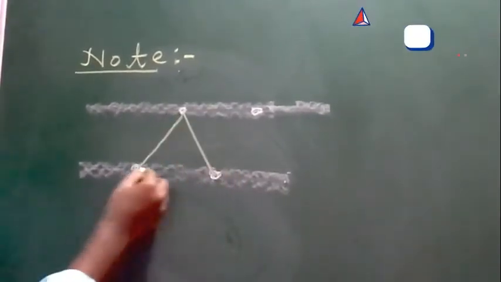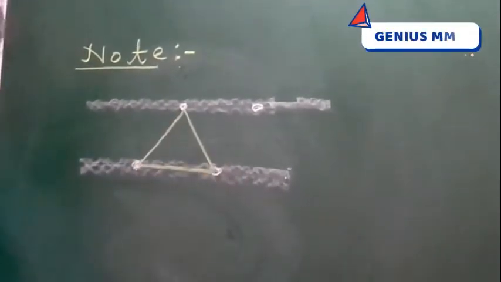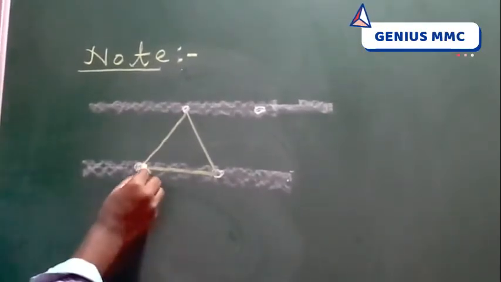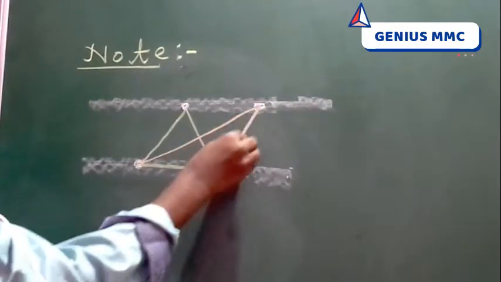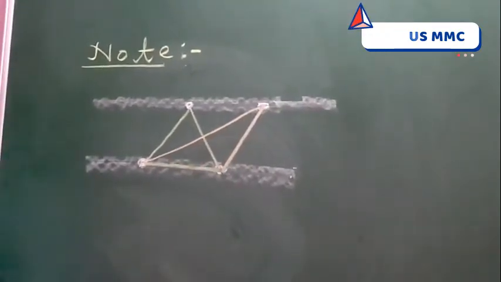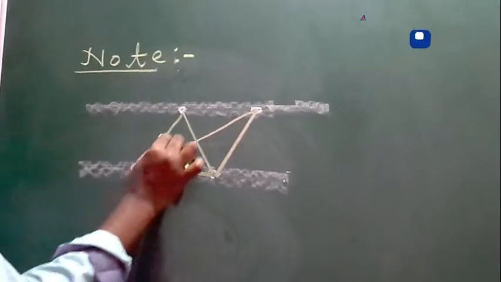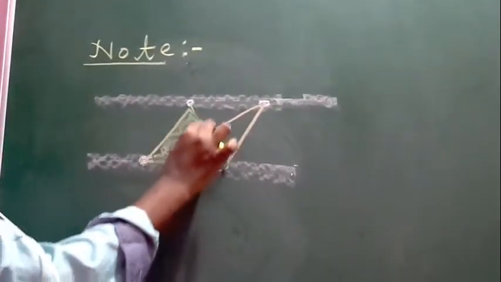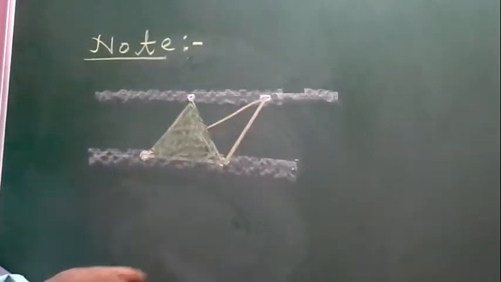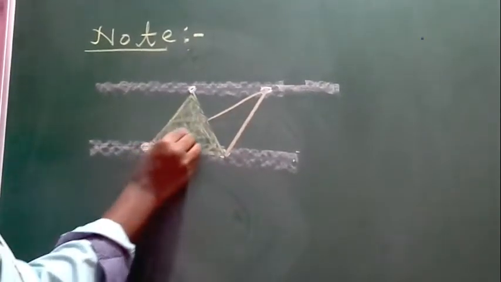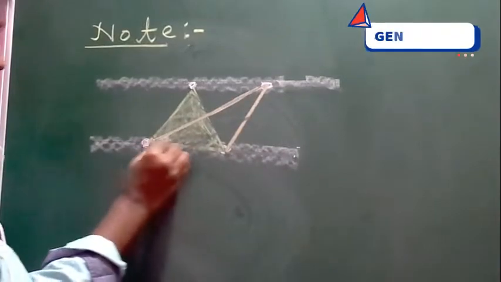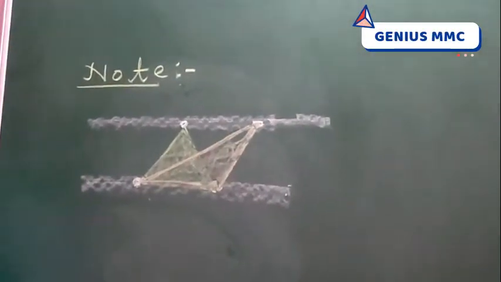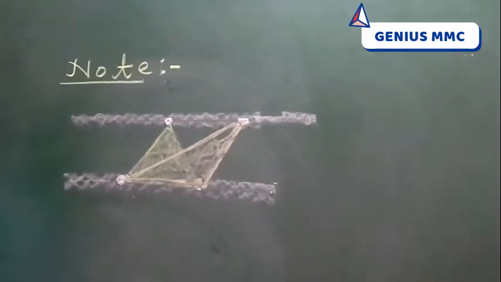This is one triangle. Next, here also I will tie this. You observe, there are two triangles. You shade it. Here also, this is one triangle. Here there are two triangles.